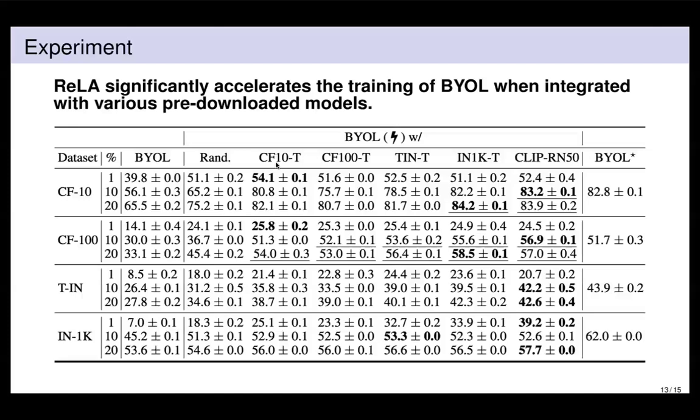So there are six pre-downloaded models used to combine with our RELA and accelerate BYOL. We also provide the results when just using the original BYOL with different partitions of the original dataset.